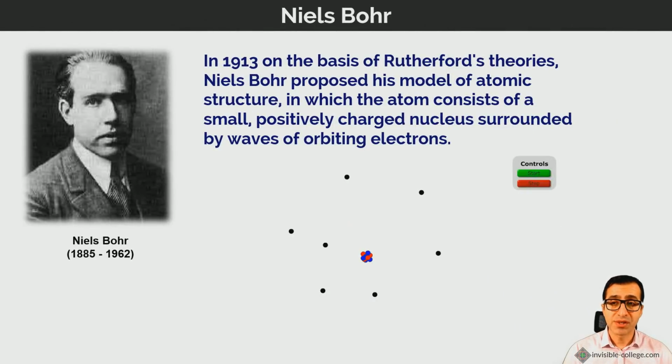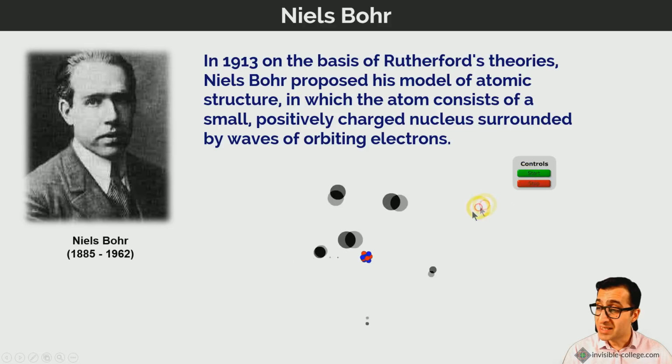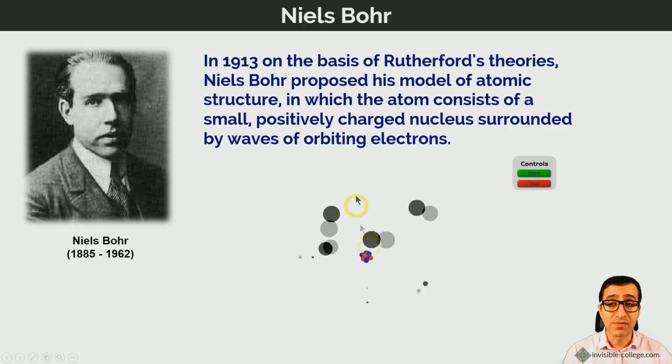The next person to make a significant contribution to the model of the atom was Niels Bohr in 1913. On the basis of Rutherford's theory, he proposed a model of atomic structure in which, again, the atom is small, dense and positively charged, but the electrons are orbiting the nucleus as waves.